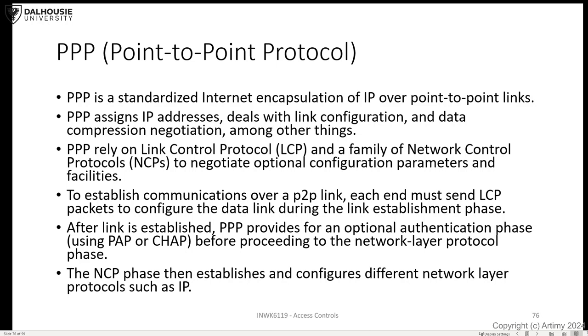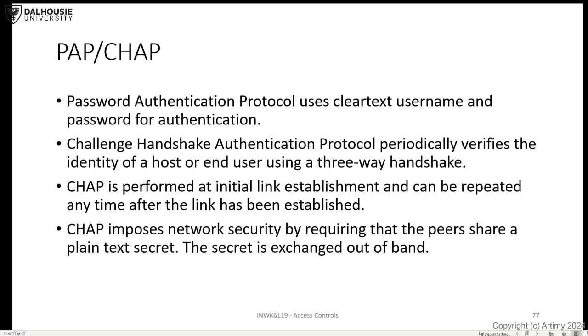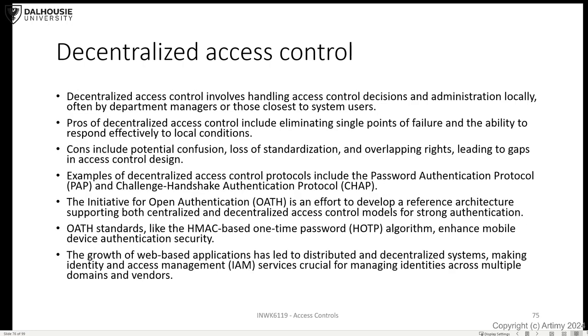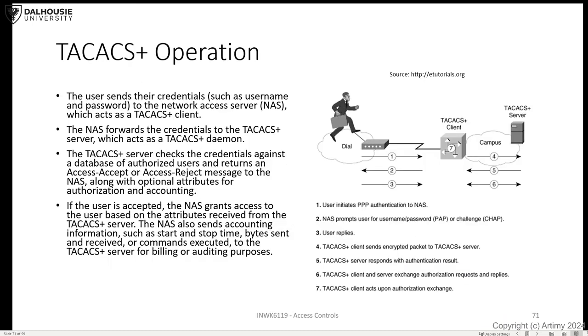PAP does a simple thing, which is just ask for username and password, and they are sent as clear text, right? So in those days, you are just sending traffic on this link as clear text, assuming that nobody else can reach this connection.